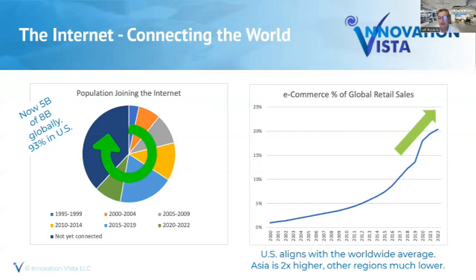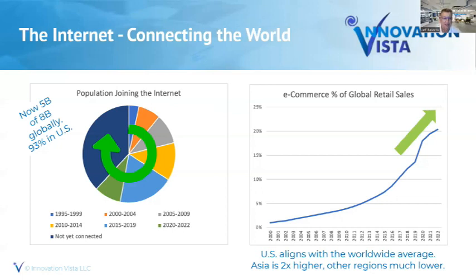The chart on the right is about e-commerce. How much of the retail sales occur in an e-commerce platform as opposed to in-person brick and mortar traditional retail setting. This graph also is accelerating, and you see the enormous jump that occurred because of COVID between 2019 and 2020, now surpassing 20%.